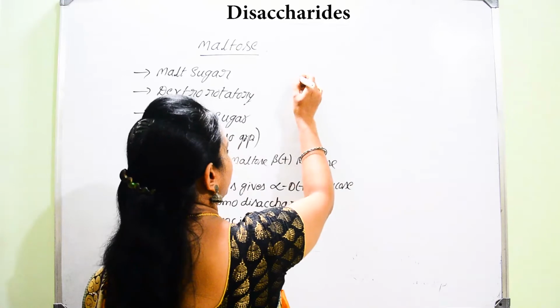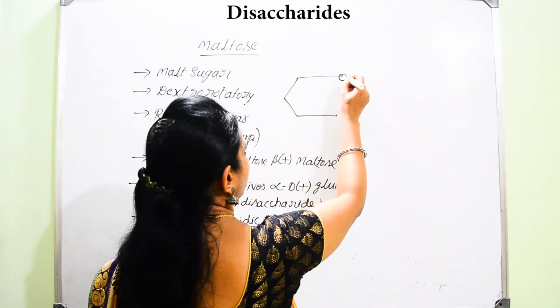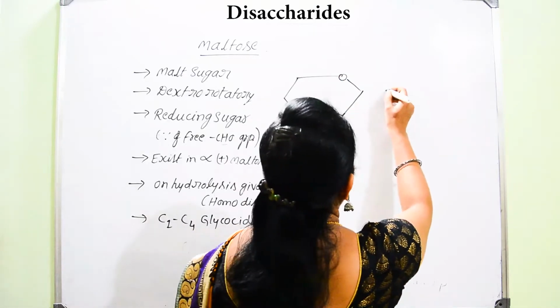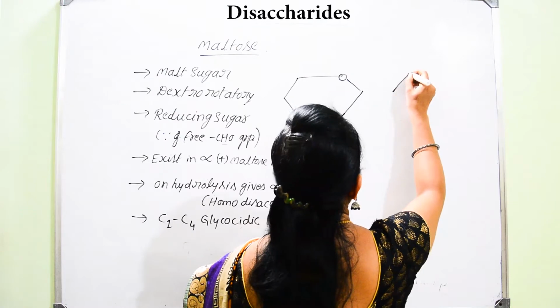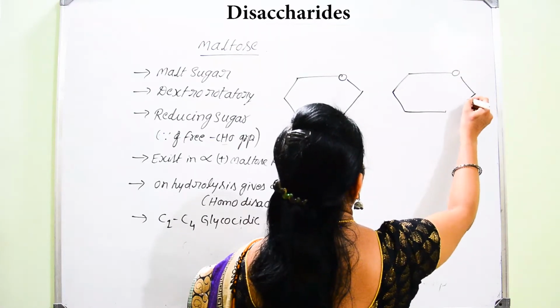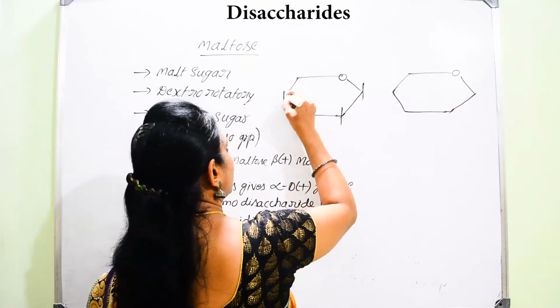Then you write the hexagonal rings on the adjacent side. And you write one more hexagonal ring. Both are identical to one another. Now we can write the bond lines.